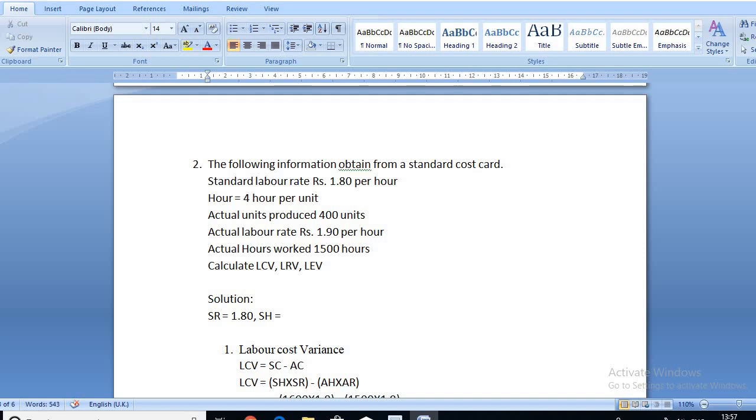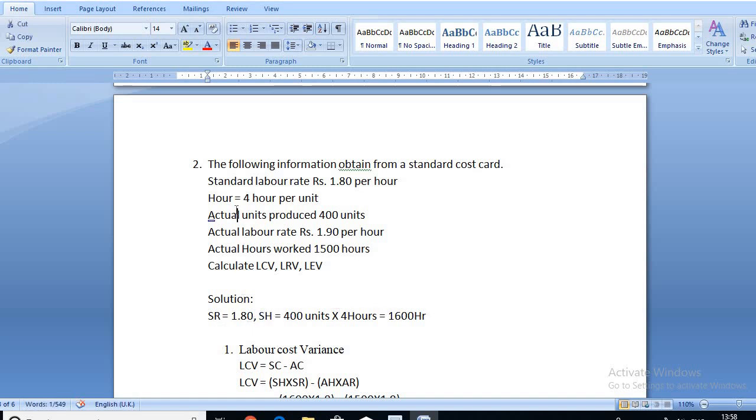The total number of units produced is 4000 units. For the production of 1 unit, we have specified 4 hours. Now the standard hour will be 4000 units multiplied by 4 hours. So 16000 hours. This will be the standard hours.